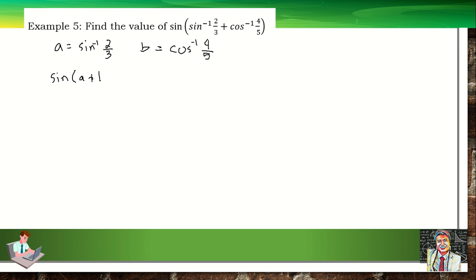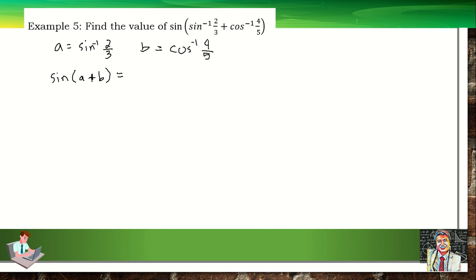Okay? So, kung papalitan natin itong functions na to, magiging sine of A plus B. Wherein, di ba kayo familiar under sum and difference of trigonometric functions, sum and difference identity? So, ano nga ba formula kapag ganyan?